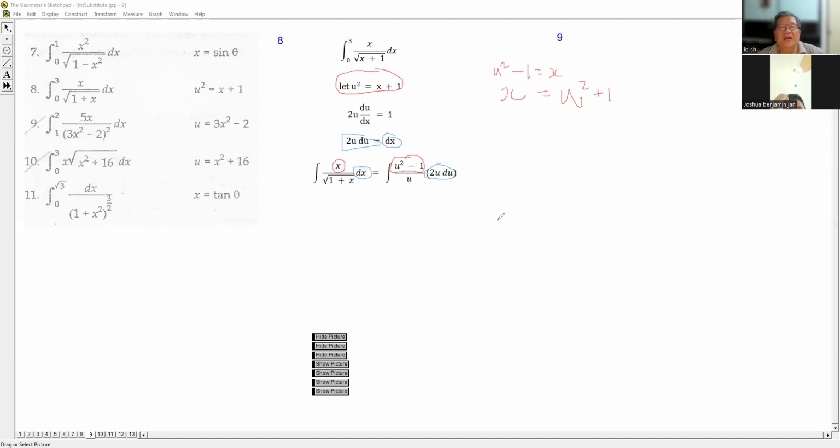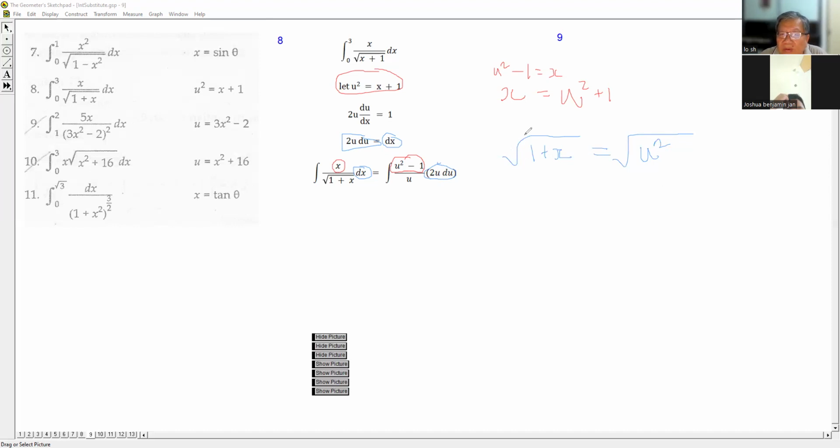Okay. Then this one, square root of 1 plus x. Now, square root of 1 plus x equals square root of, 1 plus x is actually u square. Square root of u square. So when you replace the 1 plus x with u square, it is correct.